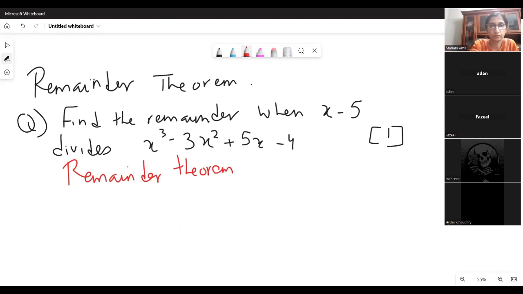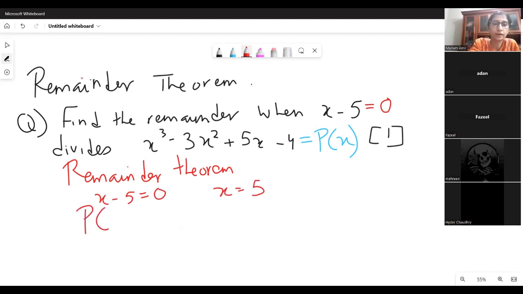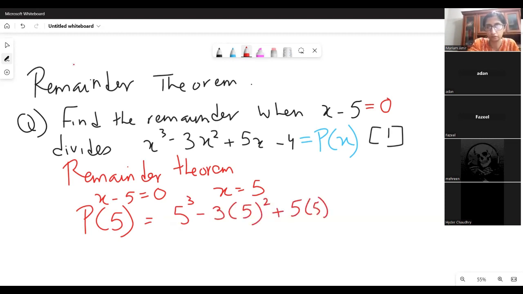What does remainder theorem say? Let's call this polynomial P(x). Now, if you substitute x minus 5 equals 0, you get x equals 5. Now, P(5) will give you the remainder directly. So P(5) will be 5 cube minus 3 times 5 square plus 5 times 5 minus 4.